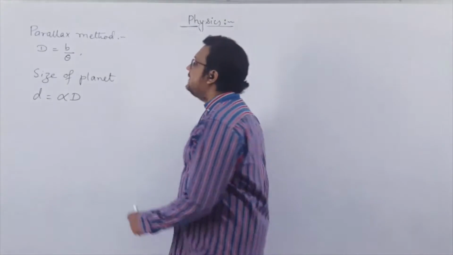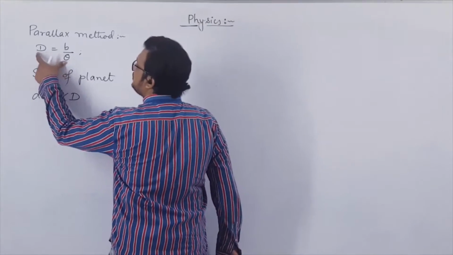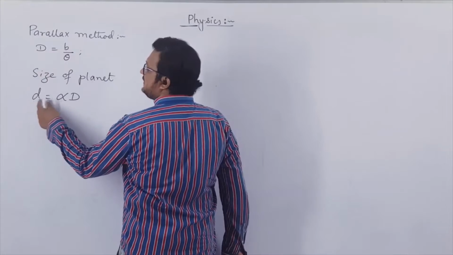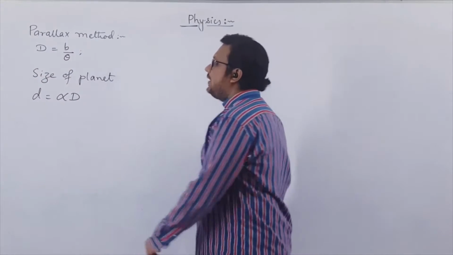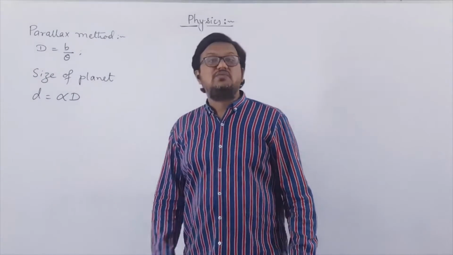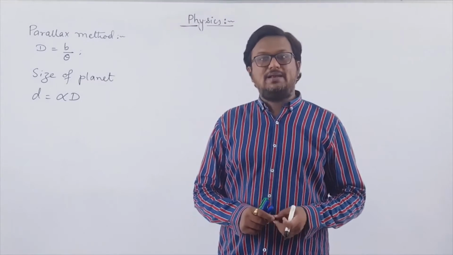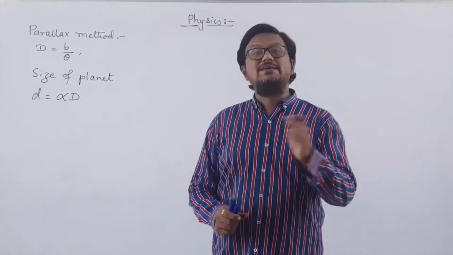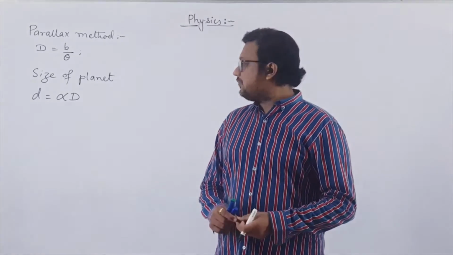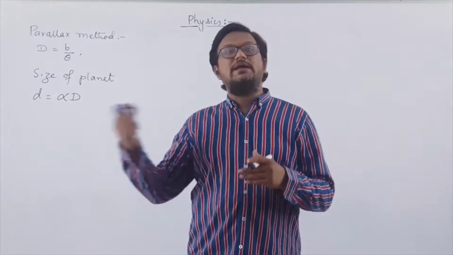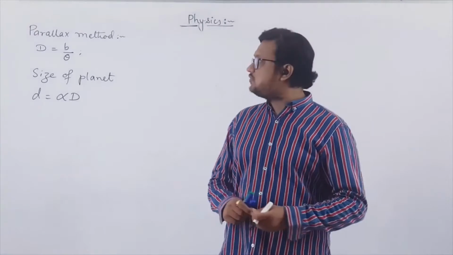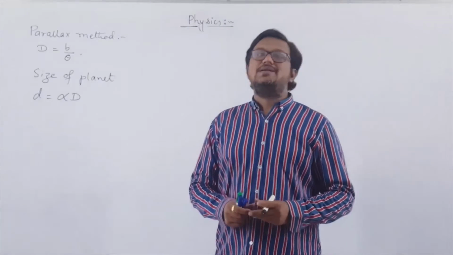Otherwise, if you multiply theta over here, theta into D is b. In the same way, d is alpha into D, where small d is the size of the planet which we want to find, alpha is the angle made at Earth by the two different locations of the planet, and capital D is the distance between Earth and that planet. So these two formulas we have already derived in our last lecture.